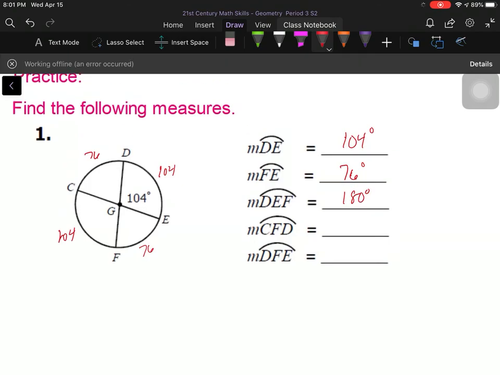CFD, that's going to be 104 and 104 and 76. So 180, 284. DFE, so that's going to be 360 minus 104, so 256.